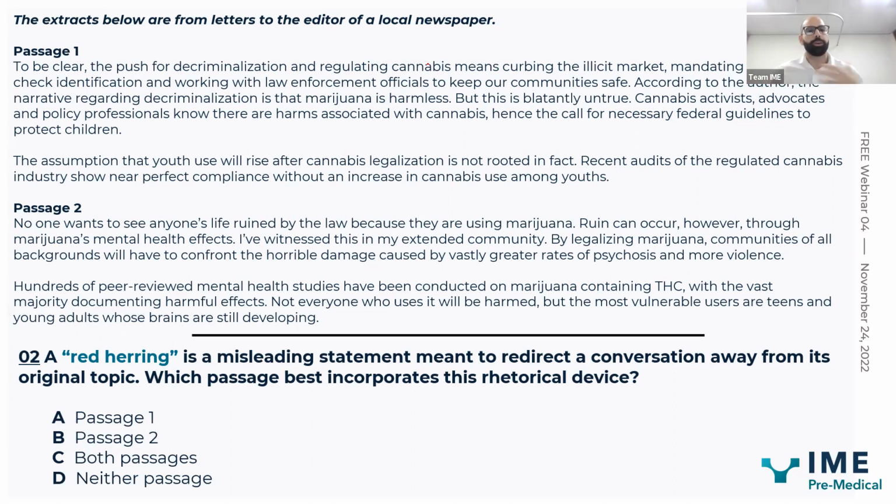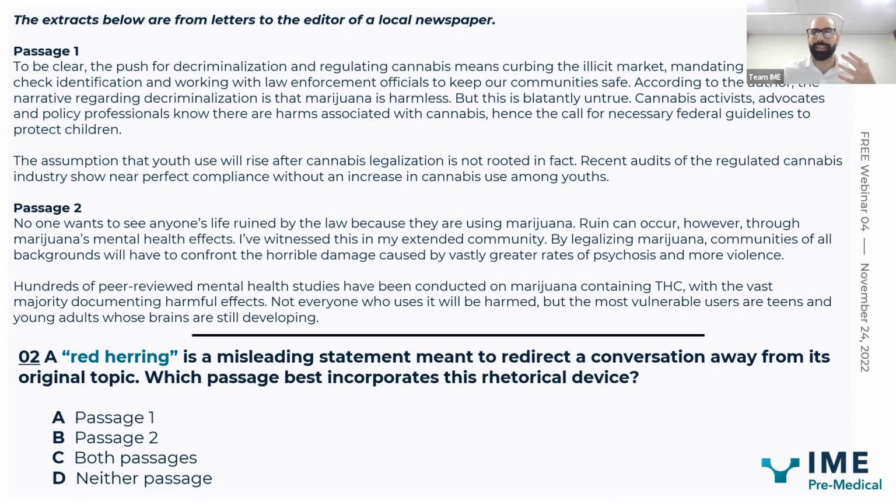Whereas you can see passage 1 is a bit consistent. They're sticking to their guns about decriminalization, the rules and the law and the guidelines against the legalization or decriminalization. They're not trying to sway your thinking. They're not trying to get you to decide on anything else.